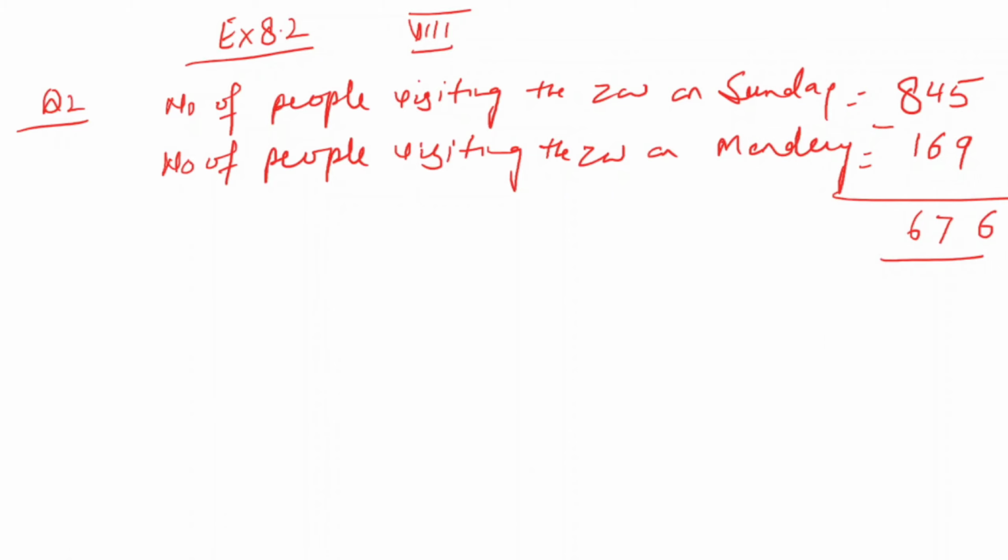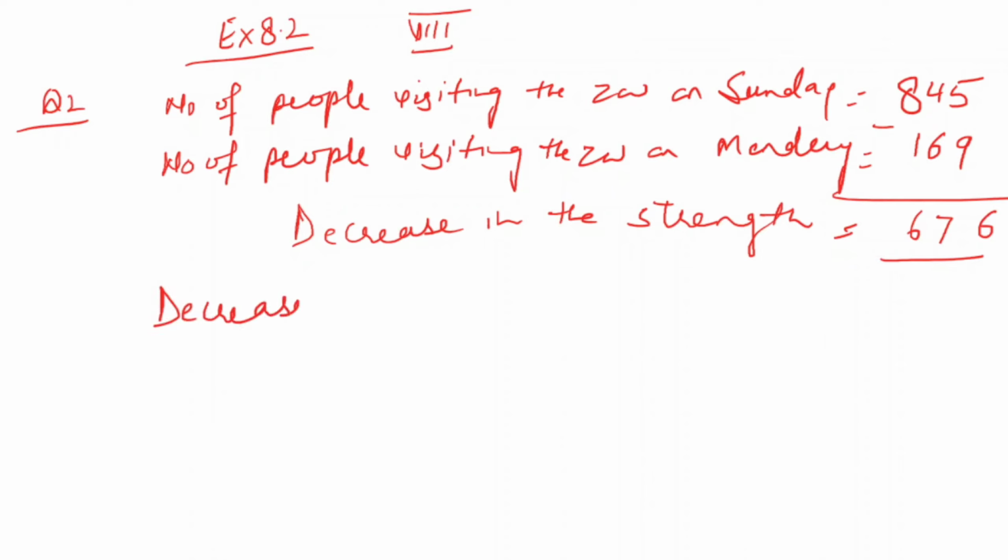Next, we have to find the decrease. So this is the decrease in the number of people, a shortfall in the strength. Now we have to find the decrease percent.